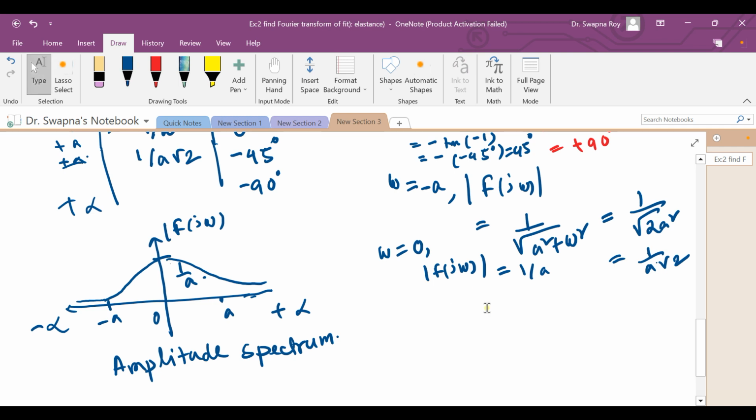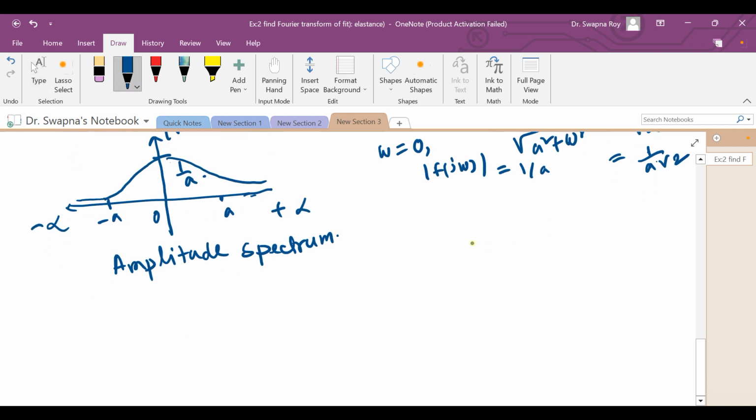And the phase spectrum is like this. We have to draw this: plus 90, minus 90, minus 45, plus 45, minus a, plus a. So this is omega.